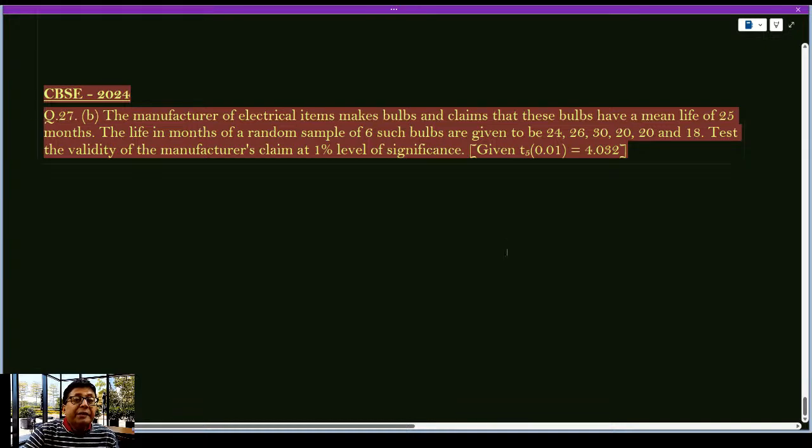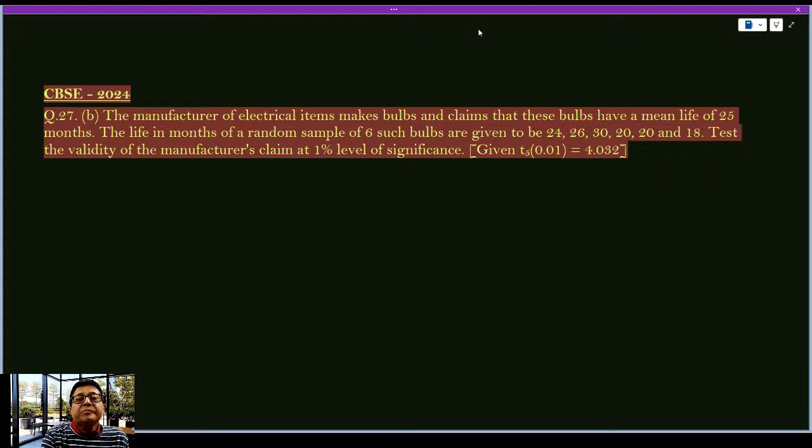This came in last year's paper. The company makes bulbs and claims that these bulbs have a mean life of this. The life in months of a random sample of 6 such bulbs is given to be this. Test the validity of the manufacturer's claim at 1% level of significance.